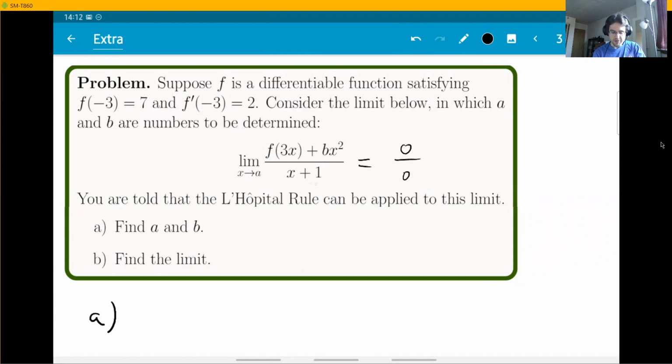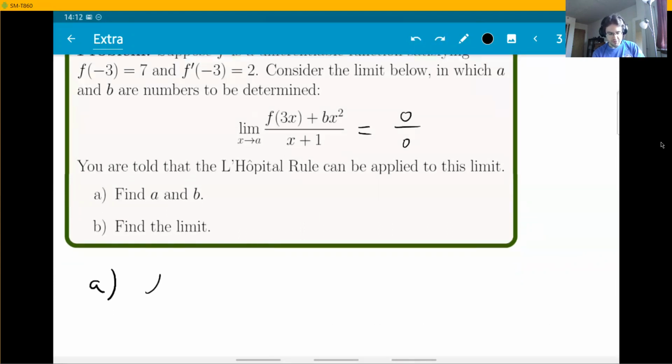For example, looking at the denominator, a is going to be some number, and then x plus 1 is also going to some number. It's not going to infinity, right? So it has to be 0 over 0. But that immediately gives you a way to find a and b. Here's the limit, as x is going to a.